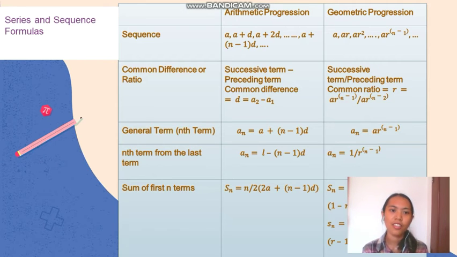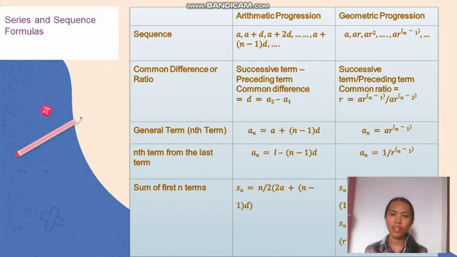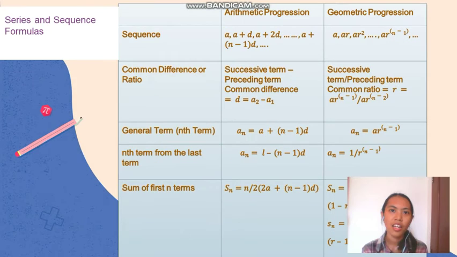And the fourth is nth term from the last term, an equals n minus 1 multiplied by d, and it's for the arithmetic progression. But in geometric progression is an equals 1 divided by r to the power of n minus 1.